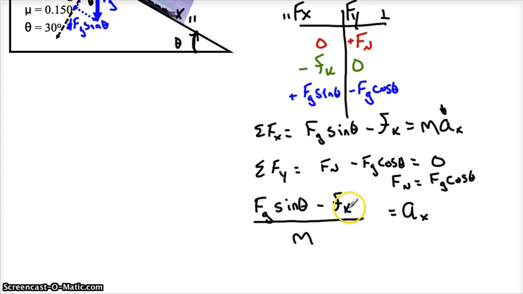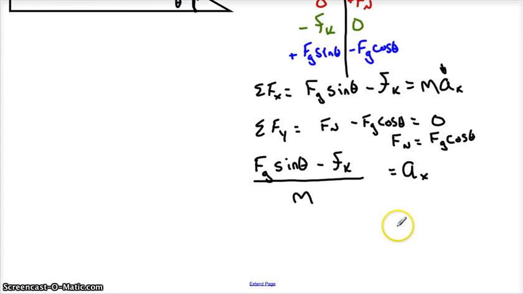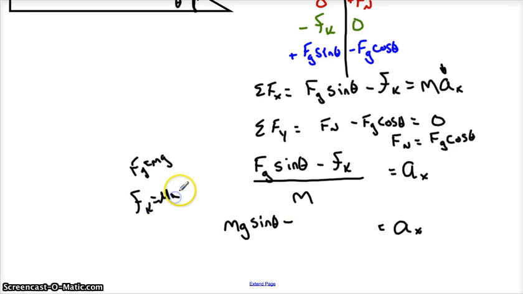I'm going to substitute in here pretty quick. Remember, this allows us to rewrite this equation using what we know. Force of gravity is mg. This can be mg sine theta minus, remembering that force of friction is mu times the normal force.